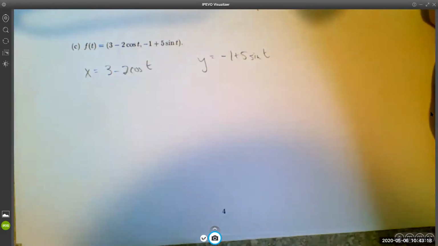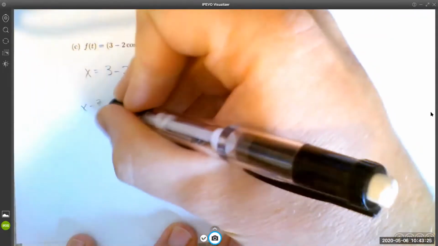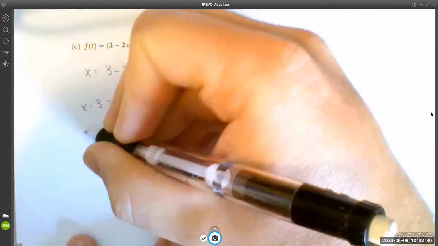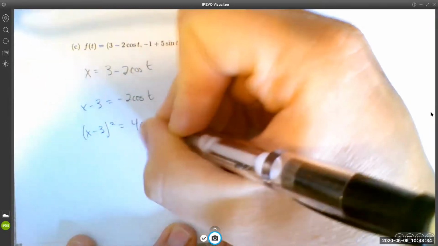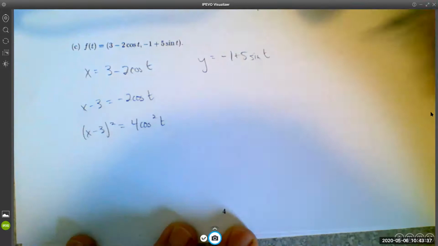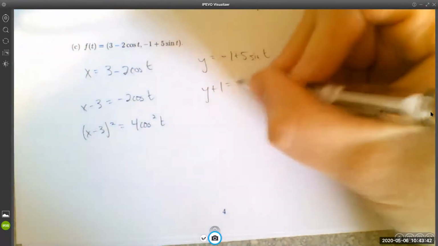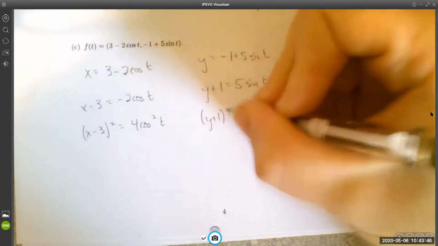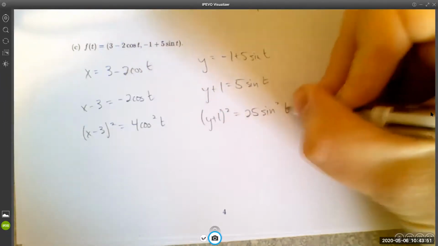It's easier to relate cosine squareds and sine squareds. So I'm going to move the constant term over and say x minus 3 equals negative 2 cosine t. Then I'll square both sides. Same thing here. I'll say y plus 1 equals 5 sine t. So y plus 1 squared is 25 sine squared t.